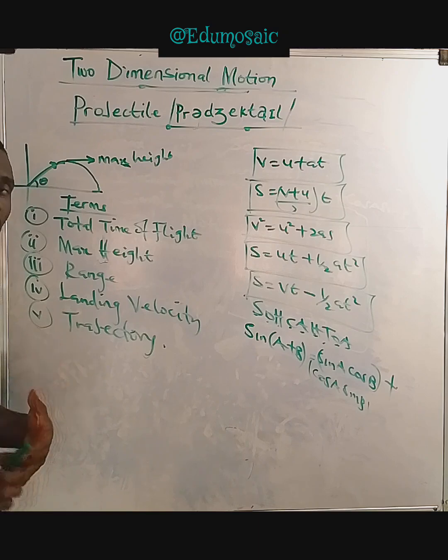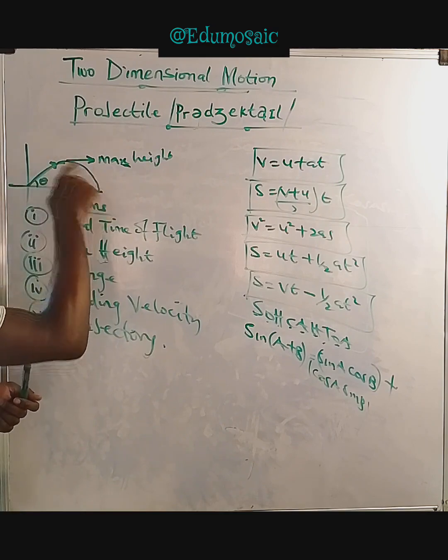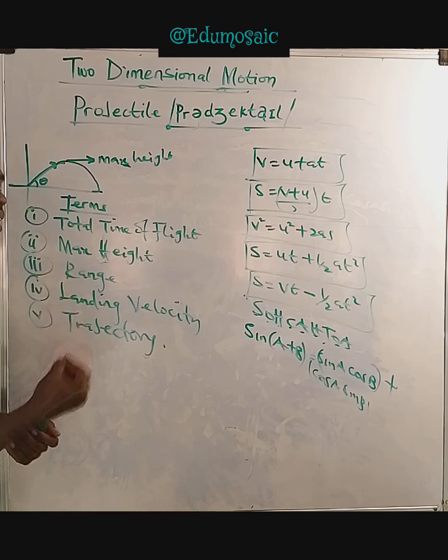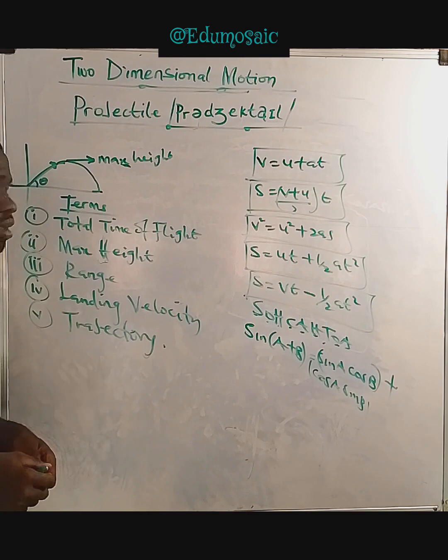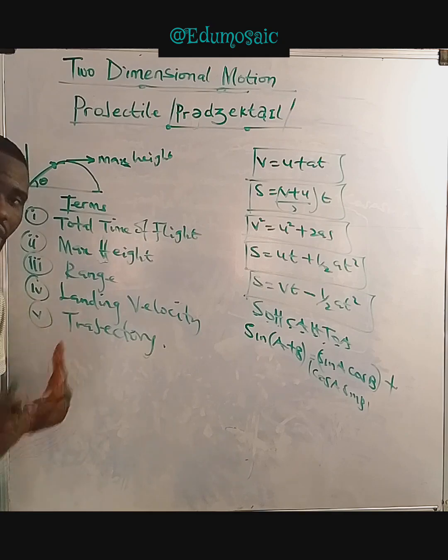And don't forget, a projectile is simply an object that travels through a parabolic, curved path, after it has been given an initial velocity at a given angle. The body travels through this curved path, and gravity acts on the body.